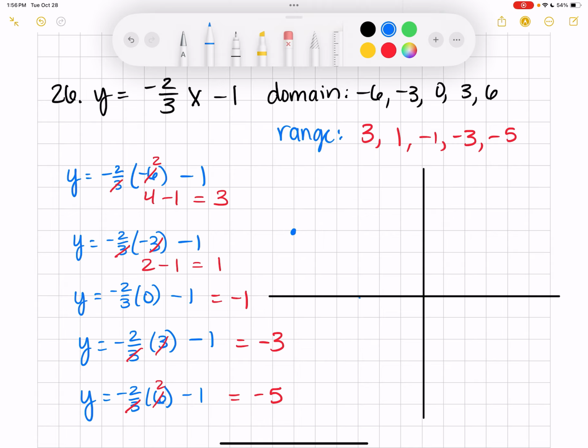So I'm going to go left 3, up 1. 0, -1. So we stay on the axis, go down 1. Then I have 3, -3. So I'm going to go right 3, down 3. And then over here, I've got 6, -5. So right 6, down 5. It's a line. And again, yep, they're a line.